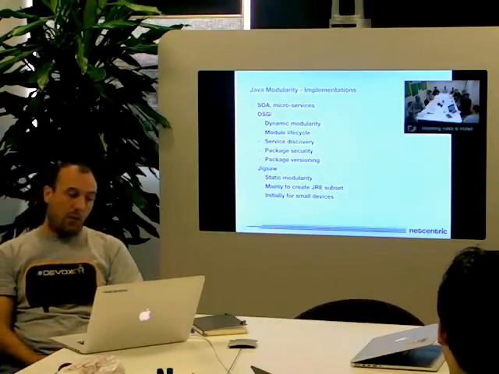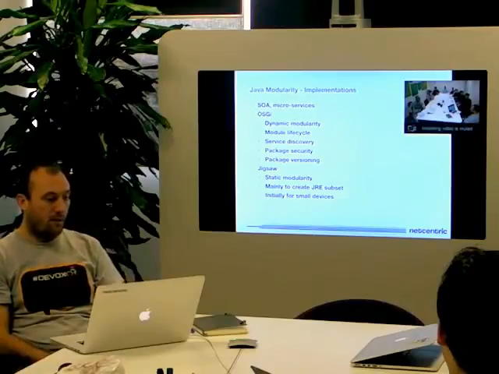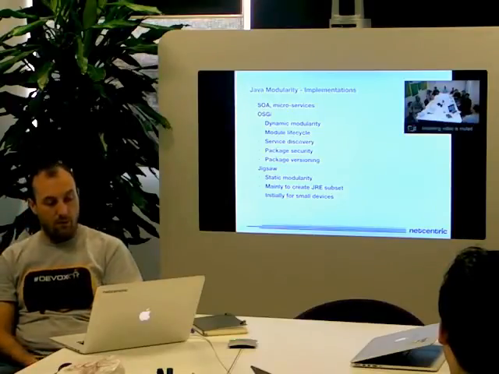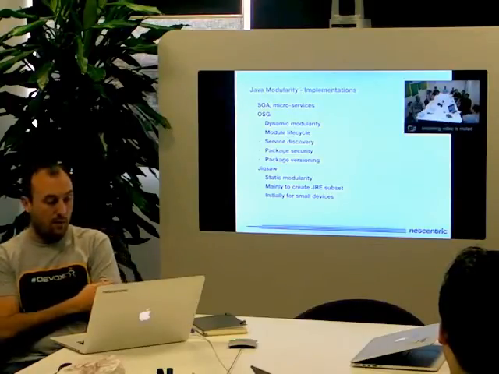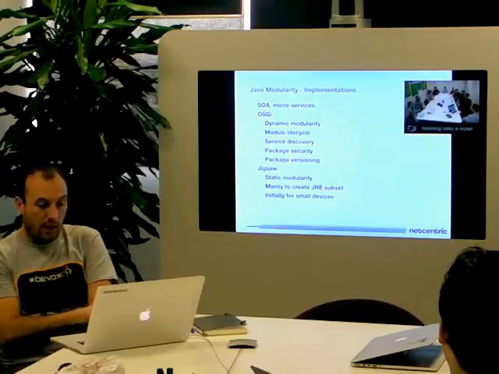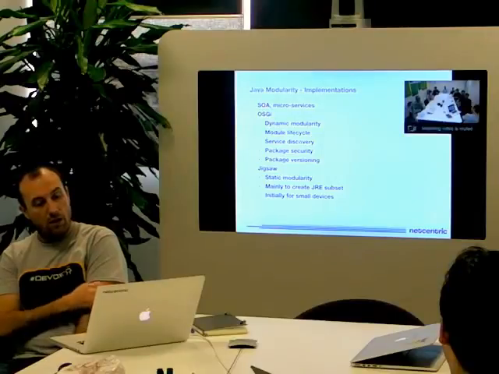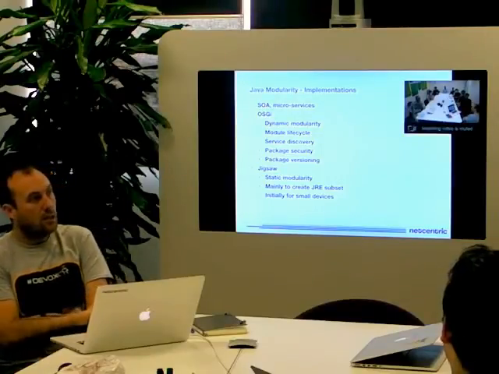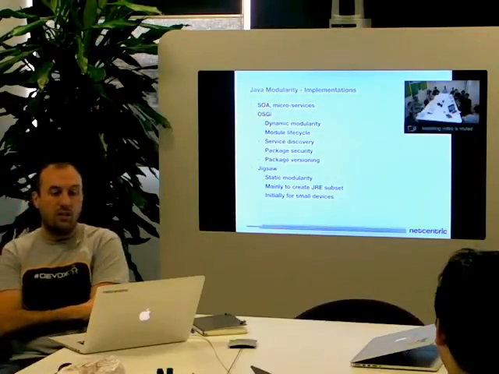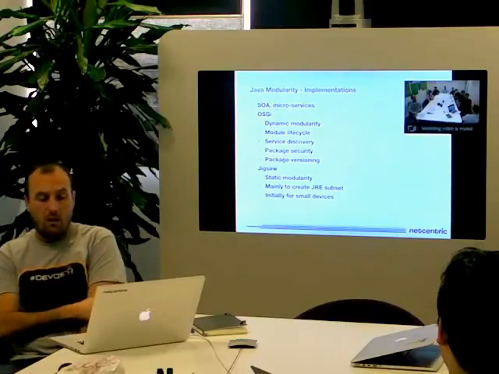And finally, we have the other implementation called Jigsaw from Oracle for the Java platform. The first idea was to modularize the JRE, because now we are using a JRE that is giant.